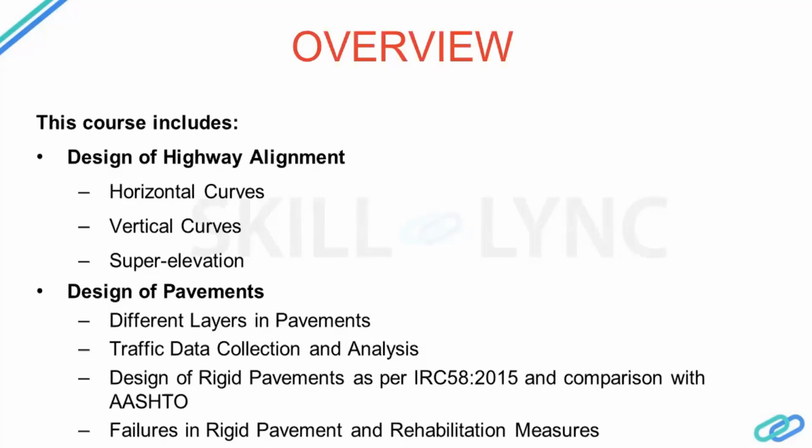So when they carried out that test, they knew what the traffic was, they knew what the different layers of pavements were. That is the first 2 points of the design of pavements, and they saw the behavior of the pavement with respect to those parameters, and how the different components of each pavement layer behave. So that is what we are going to cover in this course as well.